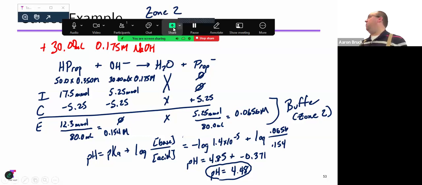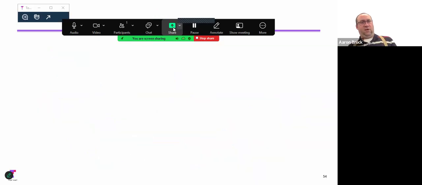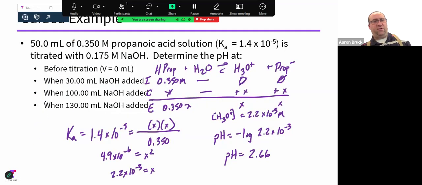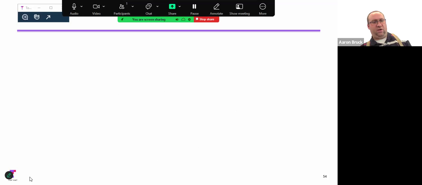All right, questions with how we did that? So let's look on to the next case. The next case had us adding 100 milliliters of this solution.